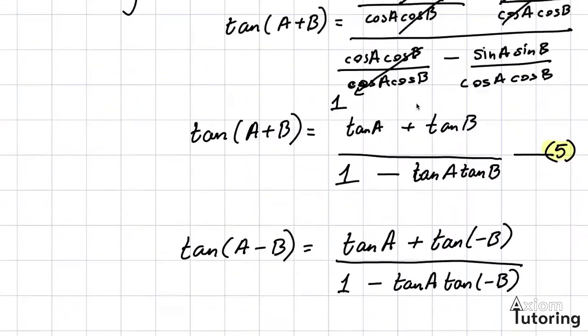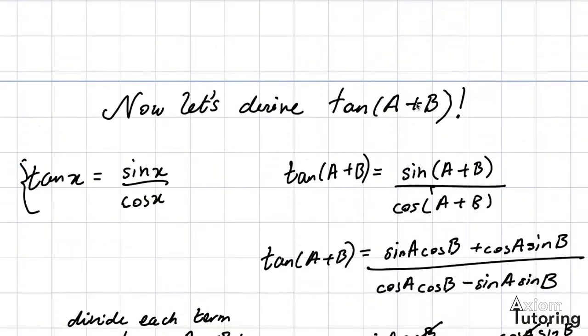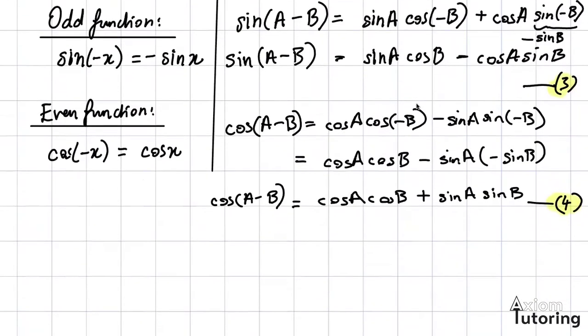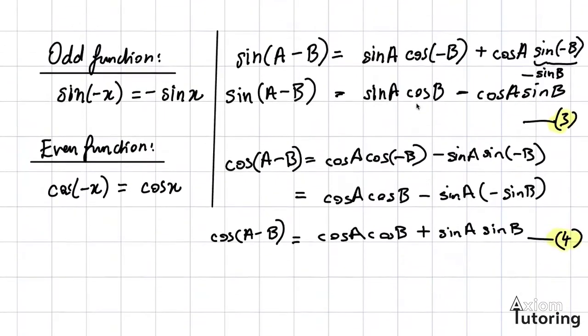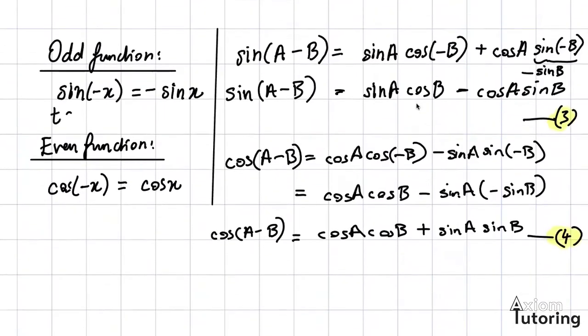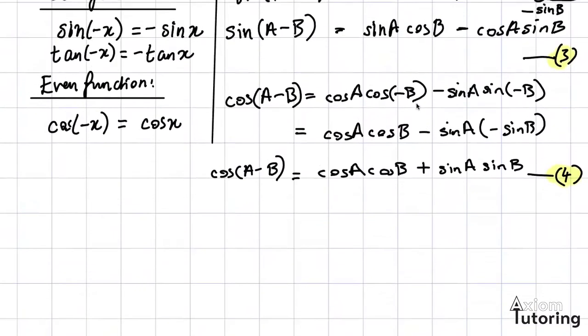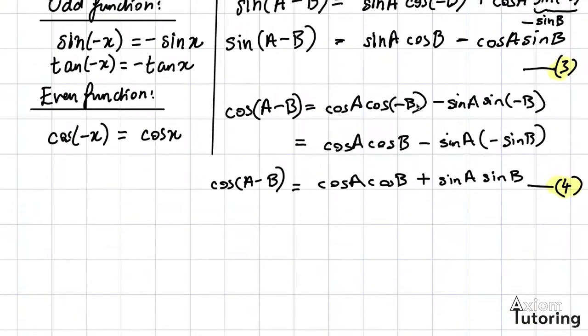Okay, so going back to this idea of even and odd functions. In fact, tan is also another odd function. So tan of minus x is equal to minus tan of x. And intuitively, we know that tan x is sine x over cos x, right?